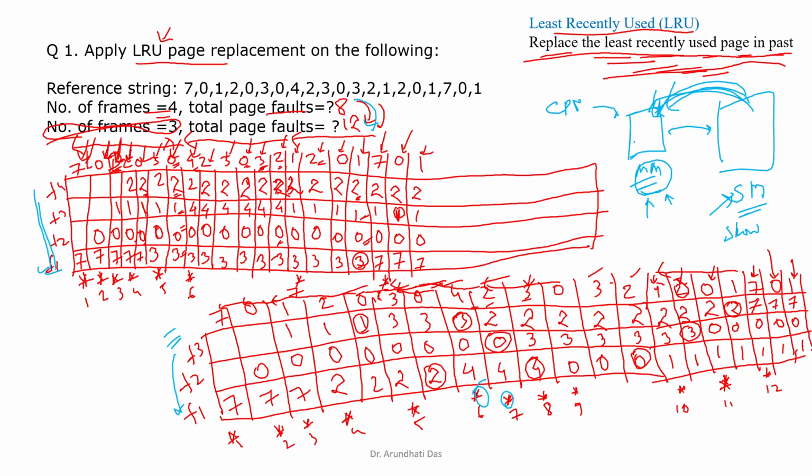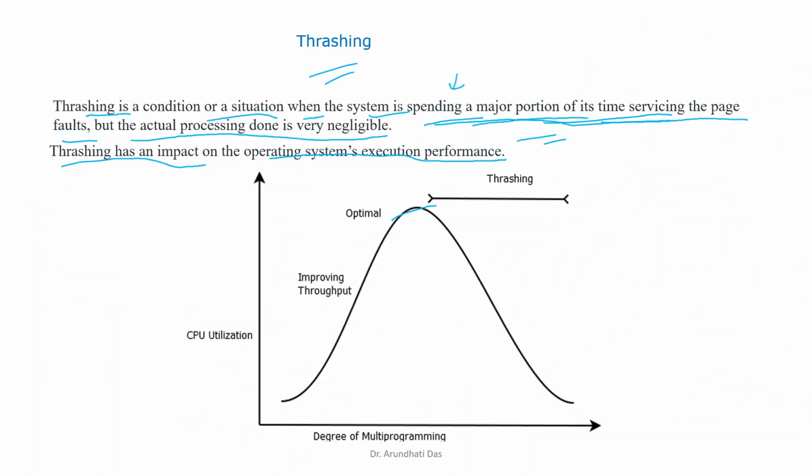The goal is that the operating system should be efficiently doing all the operations with less time. Okay, but if doing that operation is taking less time, but loading the pages from the secondary memory to main memory is taking more time, then I have this situation called thrashing.